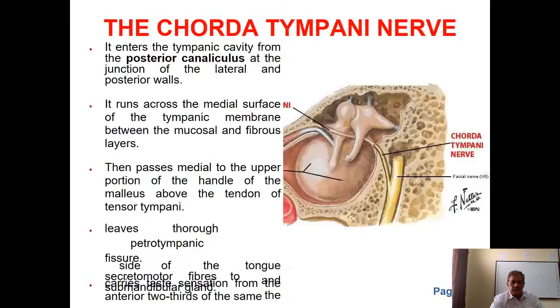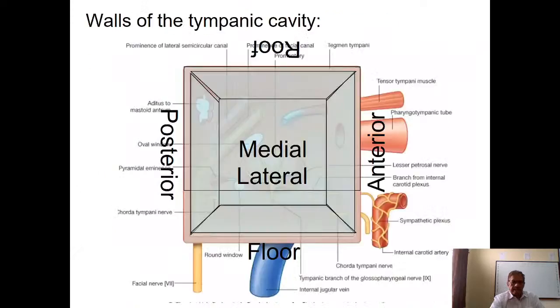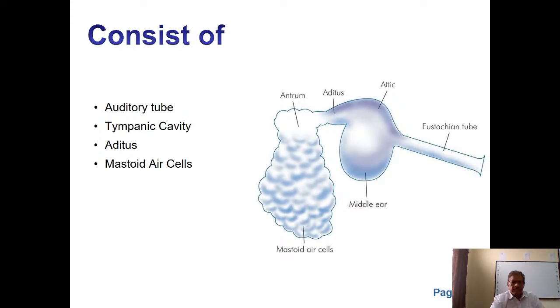Basically, you should understand the middle ear is not studied just as the middle ear, but it is called the middle ear cleft, which consists of the Eustachian tube, which connects to the middle ear cavity, and then how the middle ear cavity is divided into the spaces, the mesotympanum, epitympanum, and the hypotympanum.